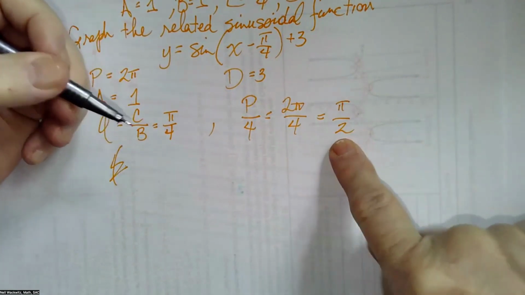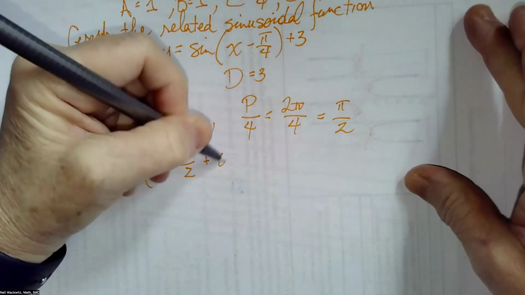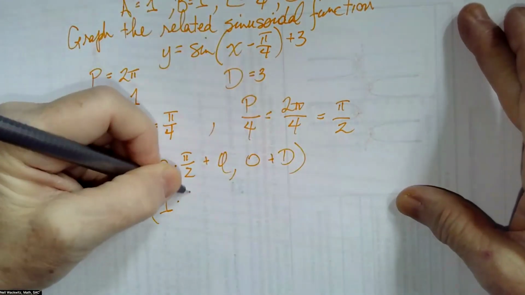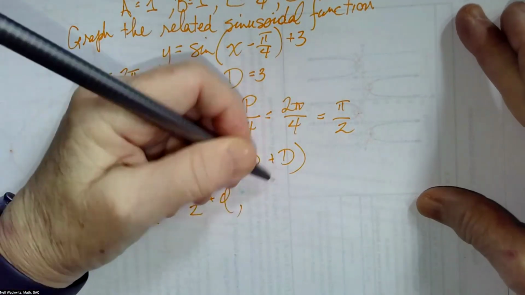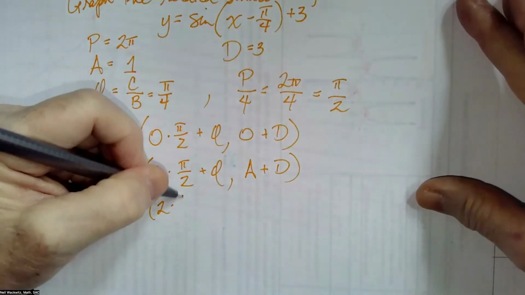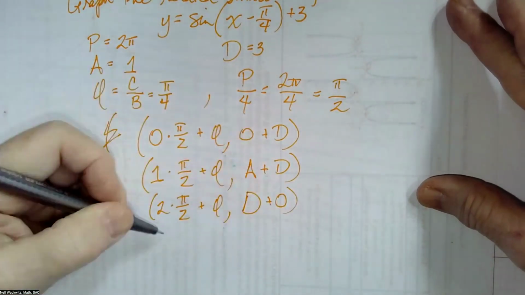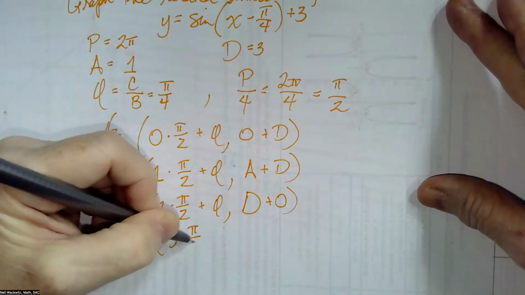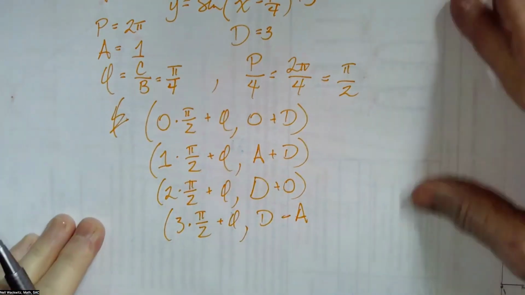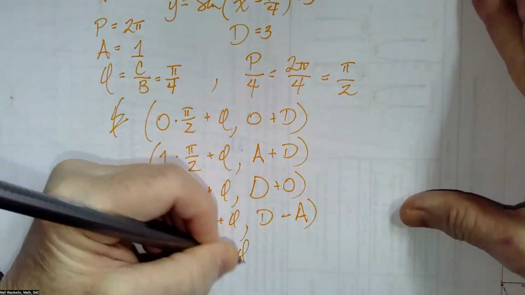So we know where we need: 0 times pi over 2 plus c comma 0 plus d, 1 times pi over 2 plus c comma a plus d, 2 times pi over 2 plus c comma d plus 0, 3 times pi over 2 plus c comma d minus a, or negative a plus d, same difference, and 4 times pi over 2 plus c comma d.